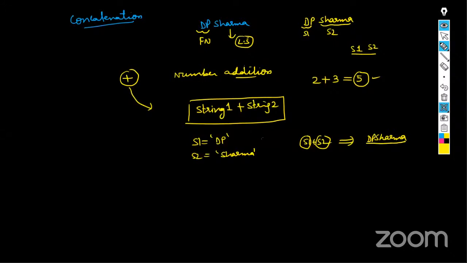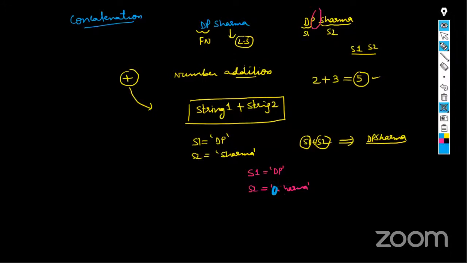Now the question is, you want a space in between. How can we do it? For that, we have to define a string in a tricky way. Let's say S1 is equal to DP, and in S2 I define Sharma, but I leave the first character as a blank character, and start Sharma from the second character. This one space is left over here, blank space.